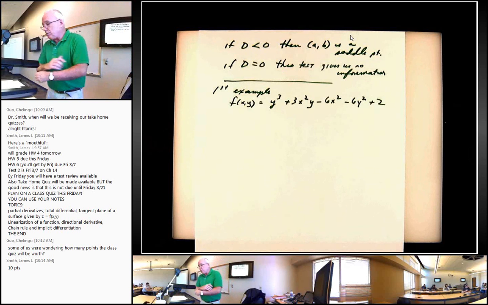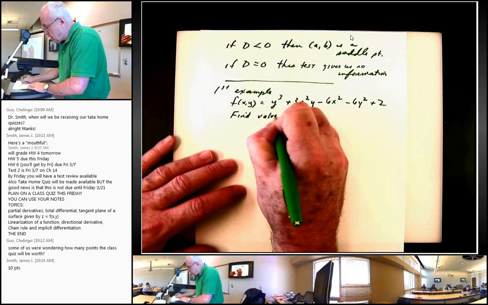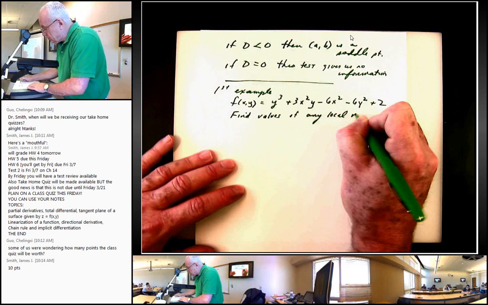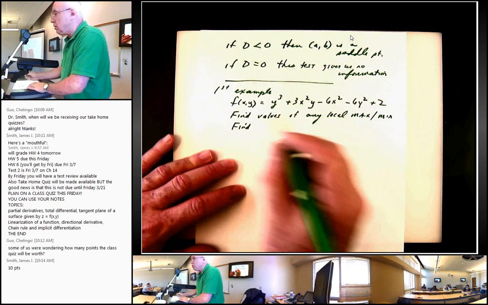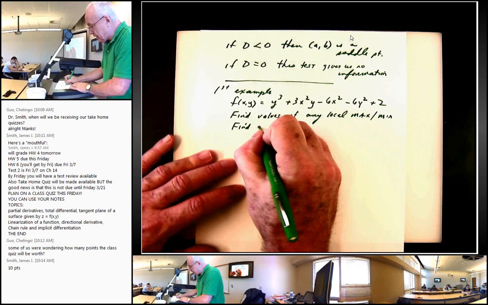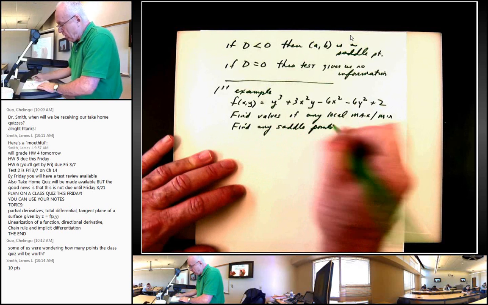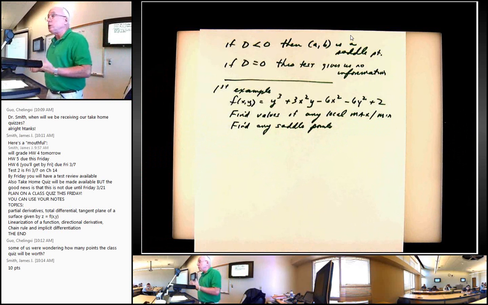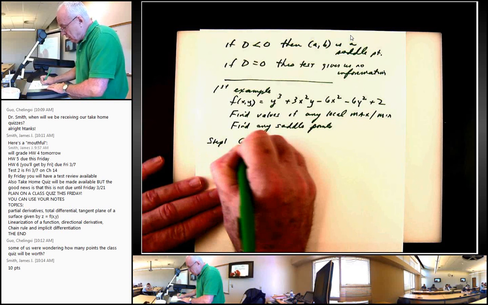Of course, we're asked to find values of any local maximums or minimums, and also, going right along with this territory, find any saddle points. Okay. So the first step is to get the two first partial derivatives, because we have to find the critical points first. So step one is get the critical points.